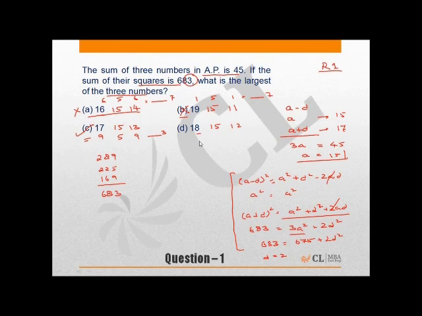What about this? 8 square is 64, ends in 4, 15 square ends in 5, 12 square ends in 4, 4 plus 4 is 8, 13, ends in 3. So if you were checking the choices, you would be stuck between choice C and choice D, and you'd need to verify one of them by doing the complete calculation. Either way, the correct answer is choice C.